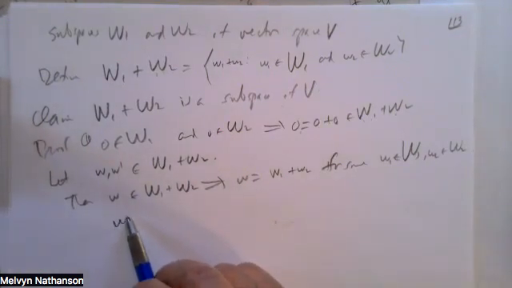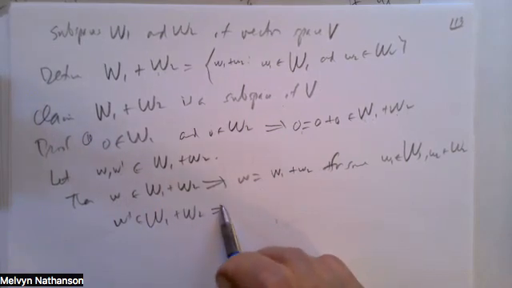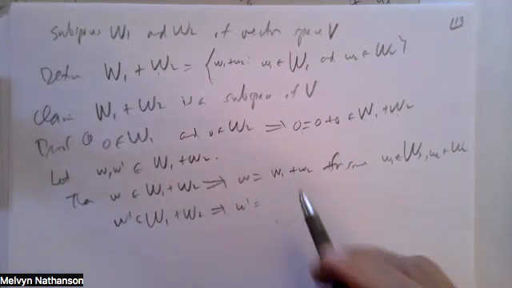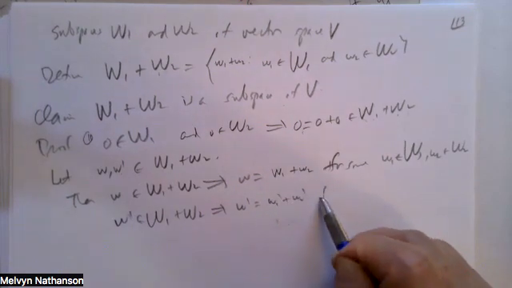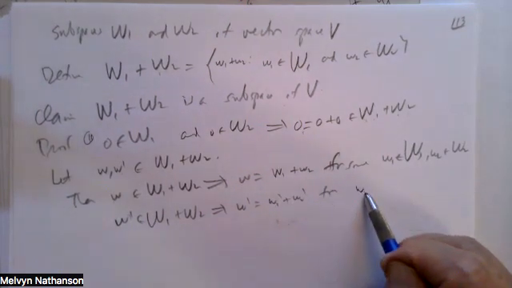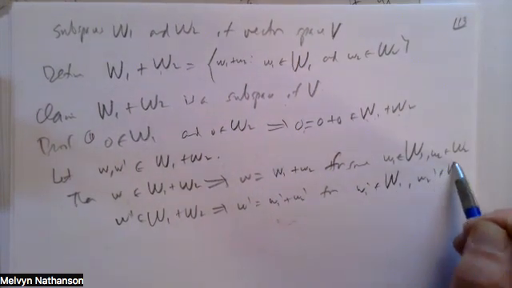And W prime is also in W1 plus W2, so W prime is equal to some w1 prime plus w2 prime for some vector w1 prime in W1 and w2 prime in W2.